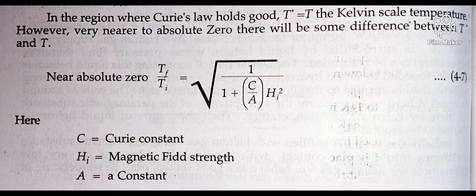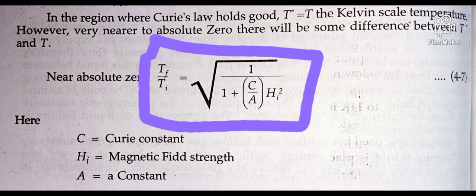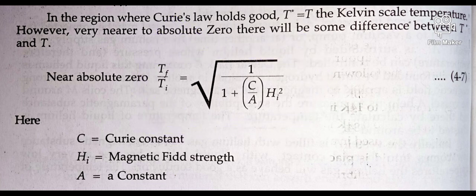However, very near to absolute zero, there will be some difference between T star and T. So near absolute zero, Tf by Ti equal to the square root of 1 by 1 plus C by A into (Hi) square. Here C is the Curie constant, Hi is the magnetic field strength and A is a constant.